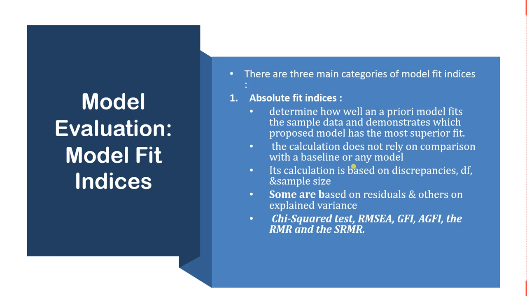This basically determines how well an a priori model, predefined model, fits the sample data and demonstrates which proposed model has the most superior fit. So if you are having different models, which model is the best fit?